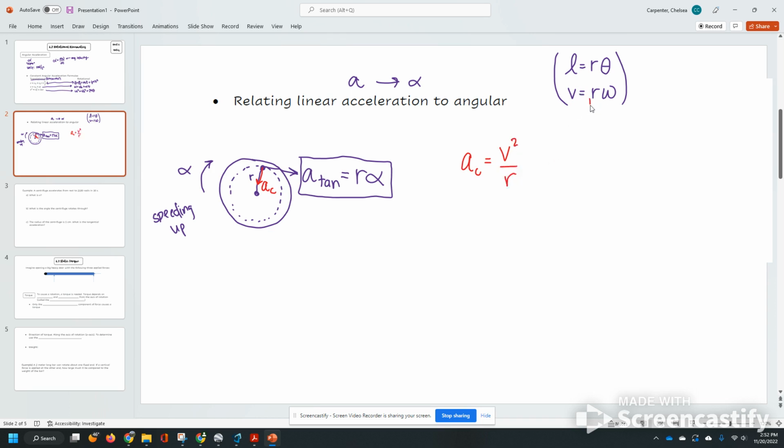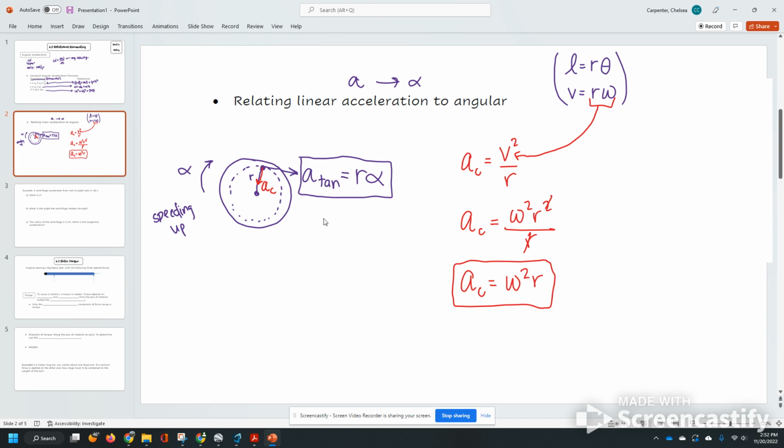But since we're in rotational world, we're going to replace that v with r omega. So our centripetal acceleration is omega squared r squared over r. One of those r's cancels out. And so that is a formula that we can use to figure out the centripetal as well as the tangential acceleration.